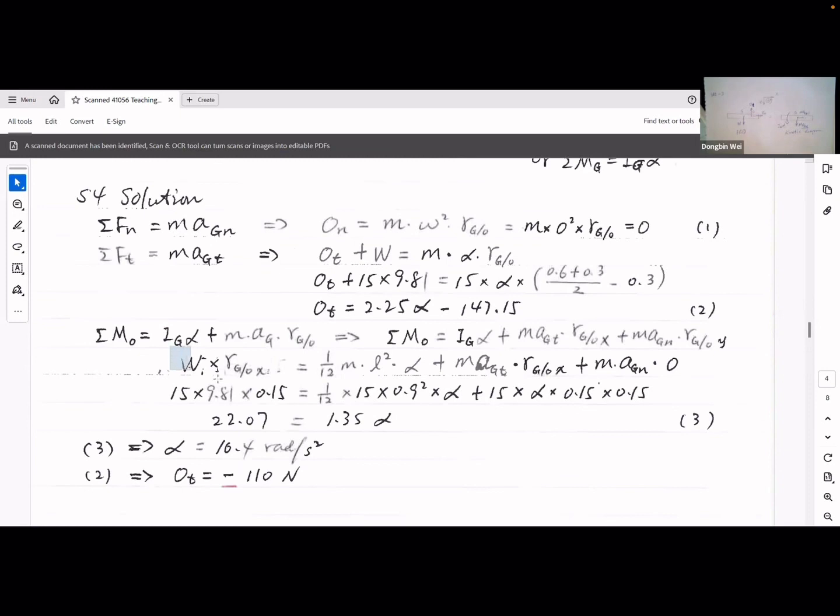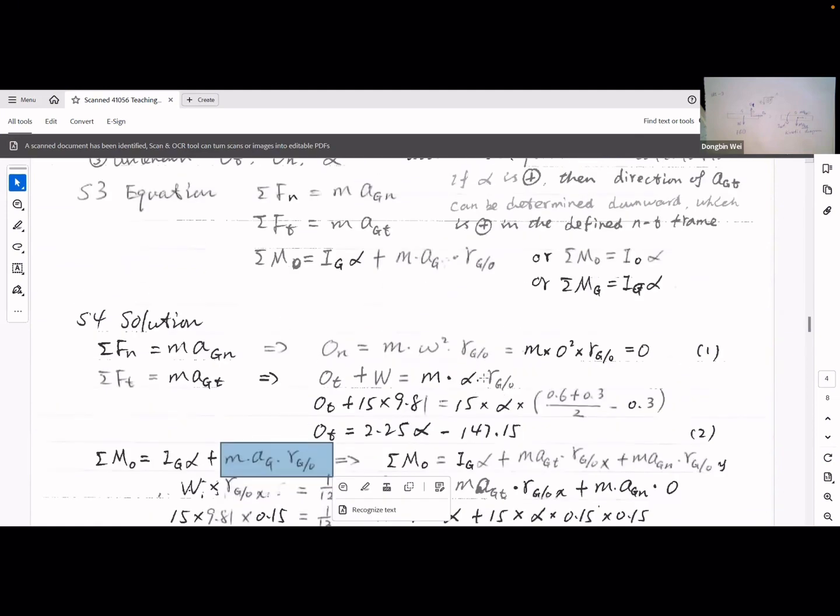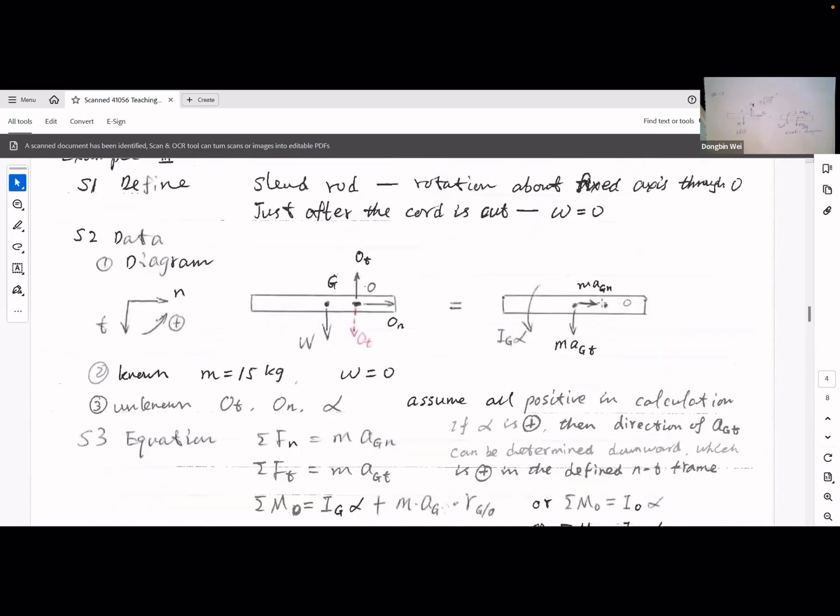And it should be counterclockwise, and also you can see it should be positive. On the right side, we have I_G alpha and also kinetic moment generated by A_G^T. For A_G^N, the moment arm again is 0.